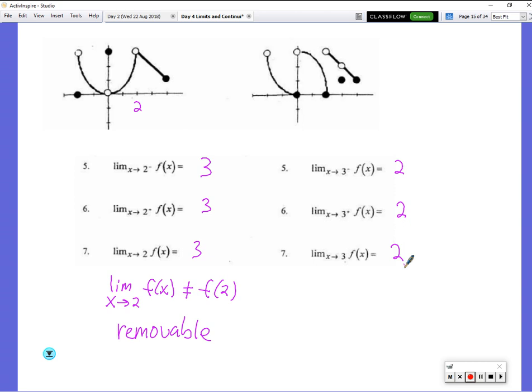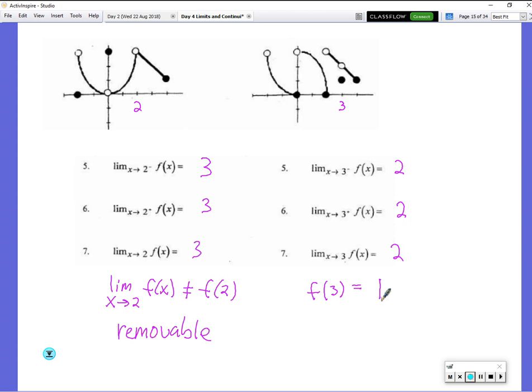So everyone give yourself a point for voting. Not continuous. Watch how I draw it. I do dots along here. I must pick up my pen, come down here to draw a dot, pick up my pen again, come back up here to draw a dot. So at x equal 3, the function is not continuous. Mathematically, the reason why is the following. Show me on your hand what f of 3 is equal to.